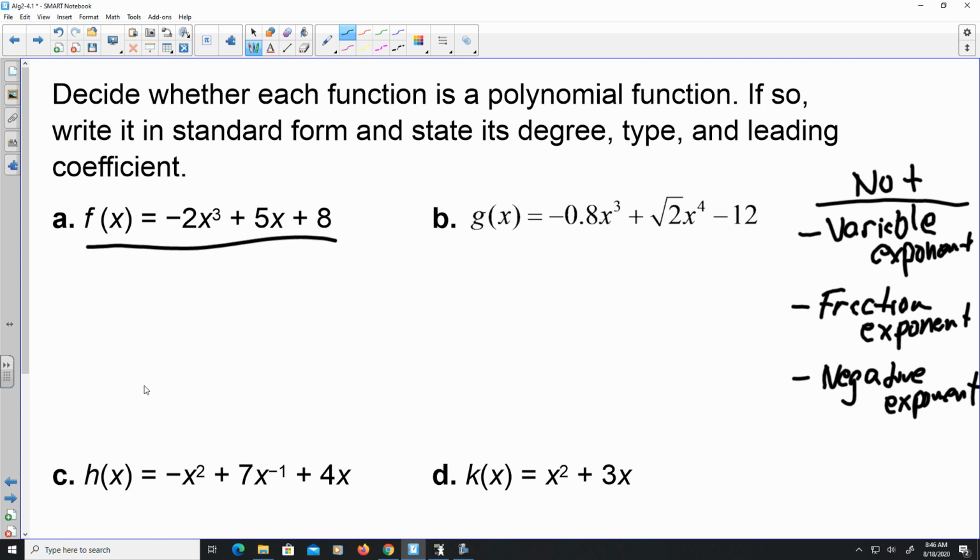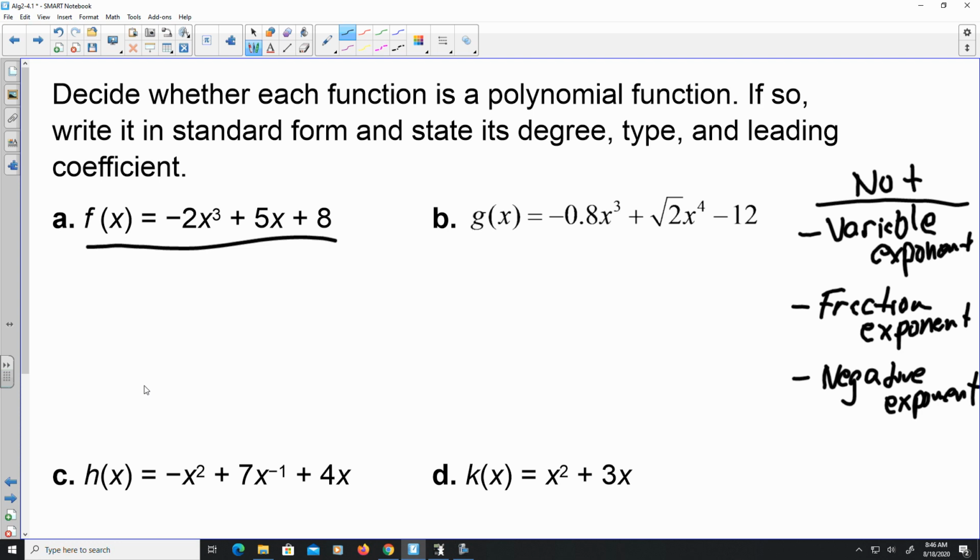Standard form, in the past, the same definition applies. Put the term that's got the largest degree in front and then go in decreasing order from there, where our constant value, the term that doesn't have a variable, is at the end. So how it is written is the standard form.